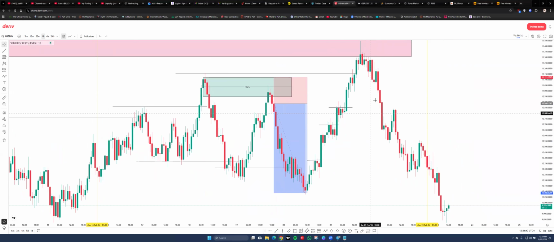This would have been a skeptical area to sell this market from, but this would have been a more promising area to sell from, because I've seen the high that was created and I've seen how the market engulfed that high or that point to close below. So my trade would have been from here.